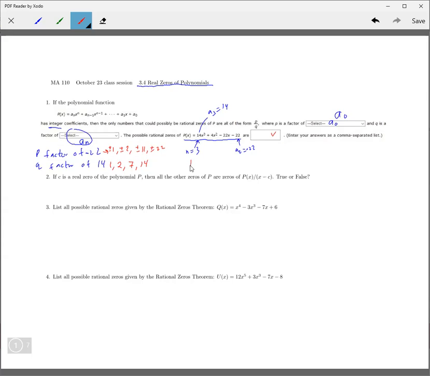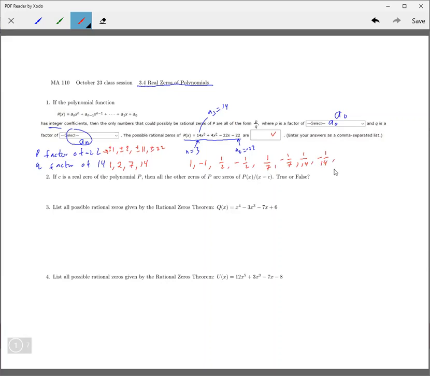So 1, negative 1. Let's take this 1 and divide it by everything here: 1/2, negative 1/2, 1/7, negative 1/7, 1/14, and negative 1/14.